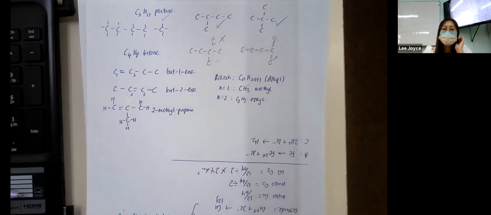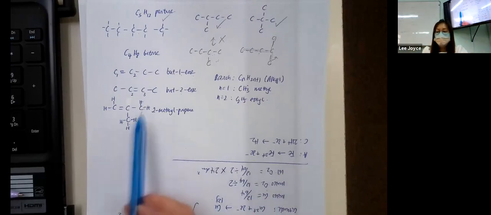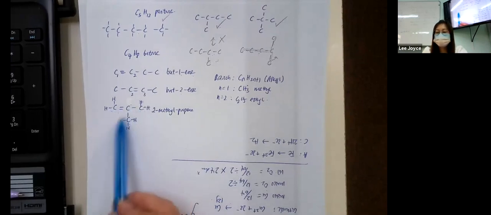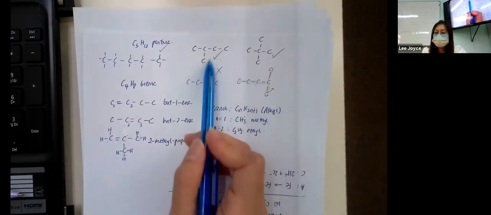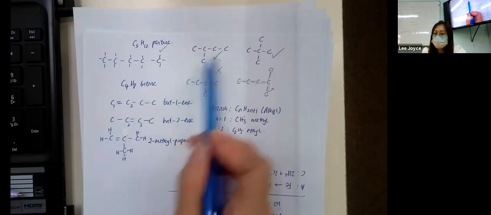So what are branches? Branches are those substituents that are attached to the longest carbon chain. Just like in the previous example for pentane, there is a branch here, right? The branch consists of 1 carbon, so it's a methyl. And what is the longest chain?